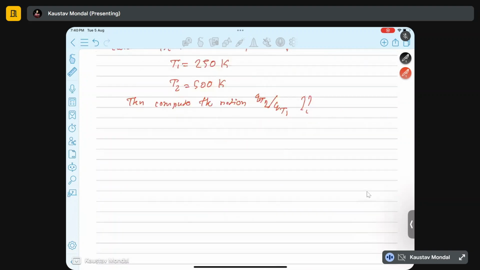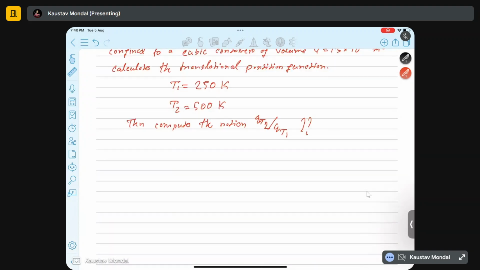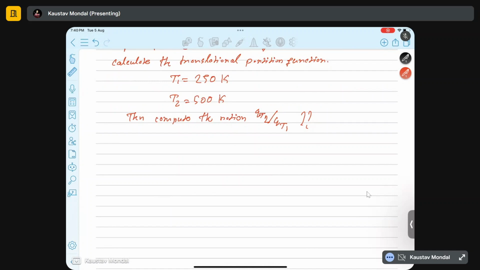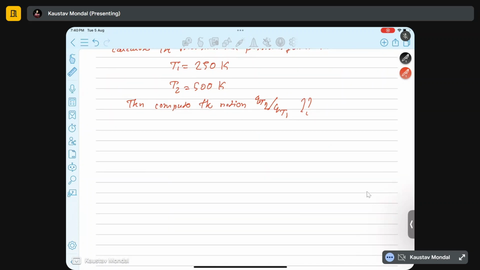So we will simply convert the molecular mass into kg, just to be consistent with the other units.